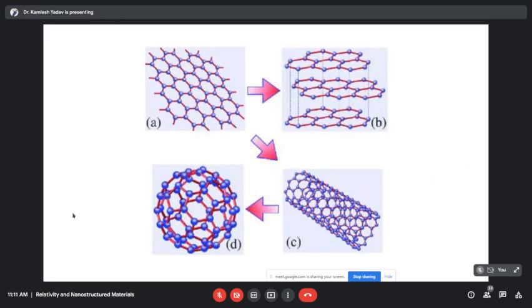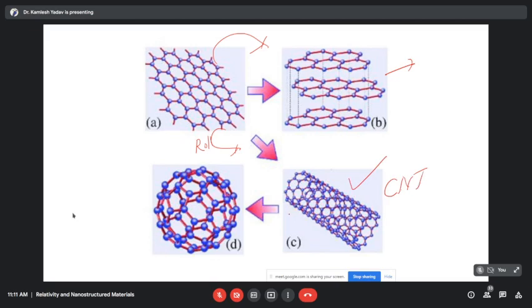If you combine these layers one by one, that will be graphite. But if you roll this layer, it will be like this, which is known as a carbon nanotube.